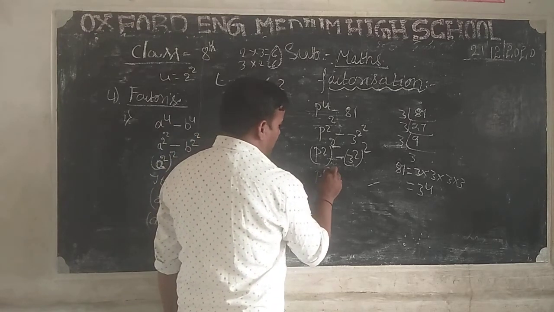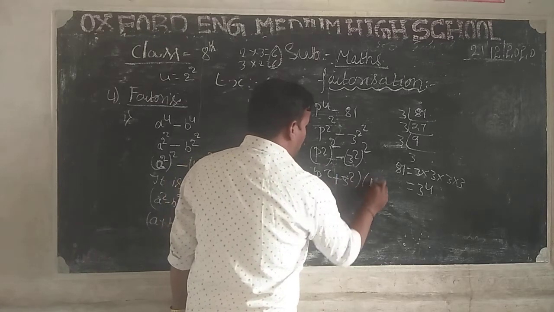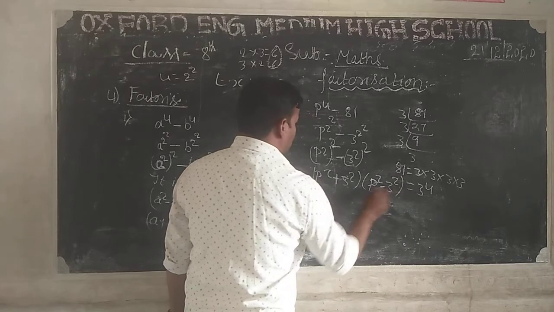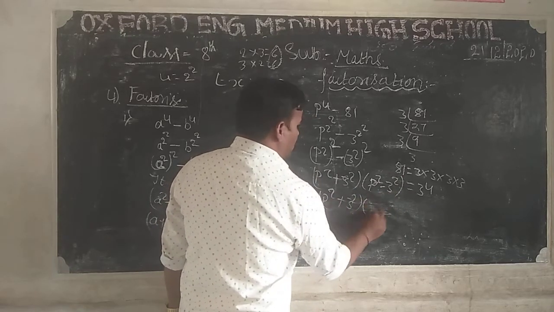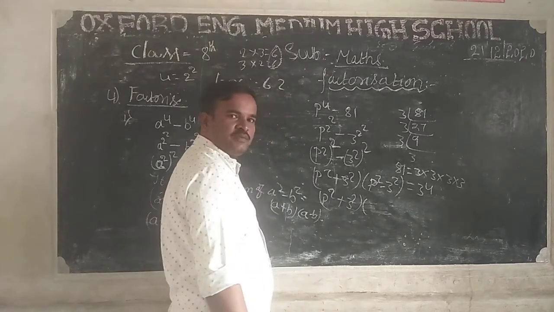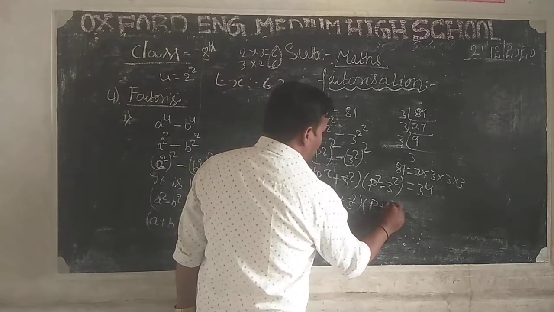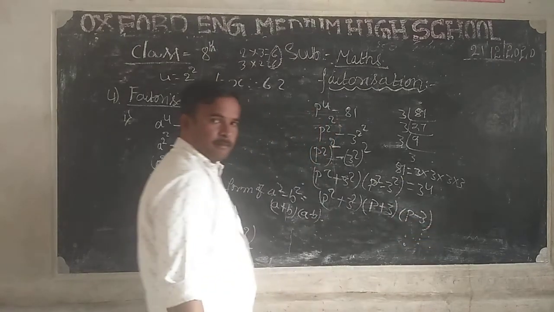So it is p square plus 3 square into p square minus 3 square. Again, p square minus 3 square is in the form of a square minus b square, so p plus 3 into p minus 3. Understand?